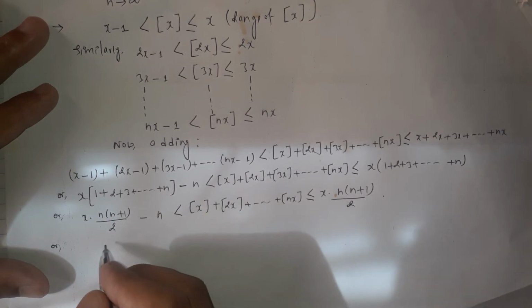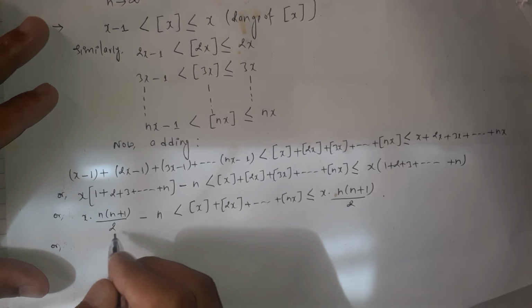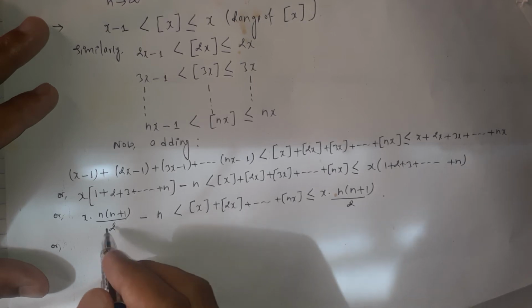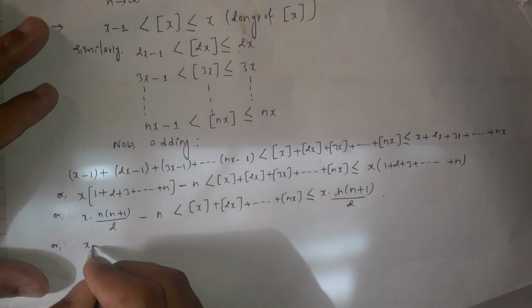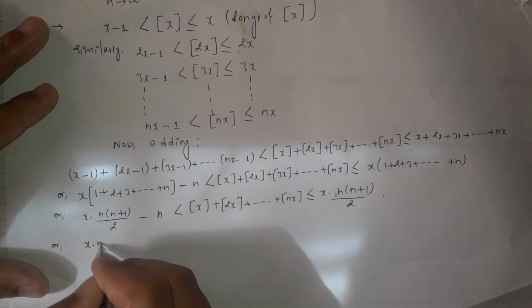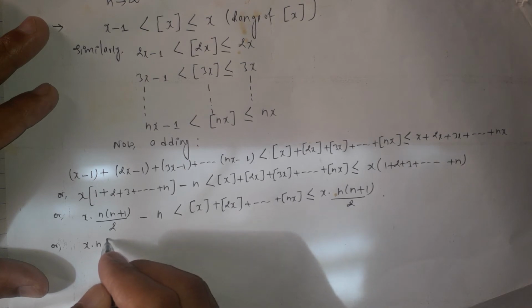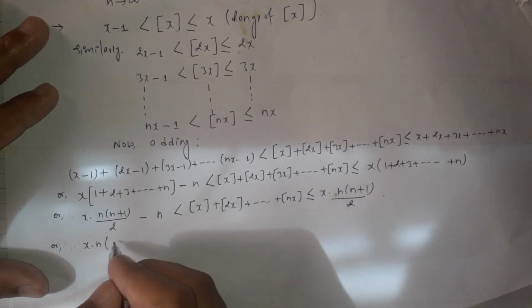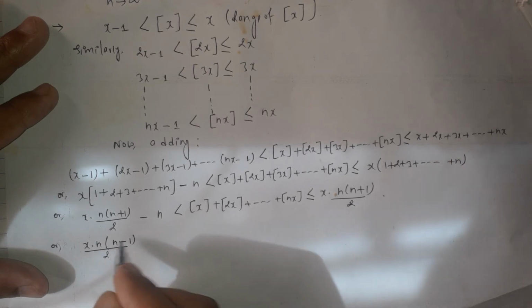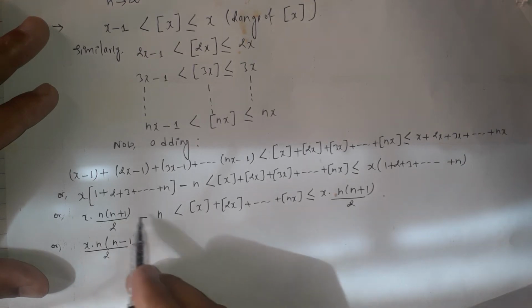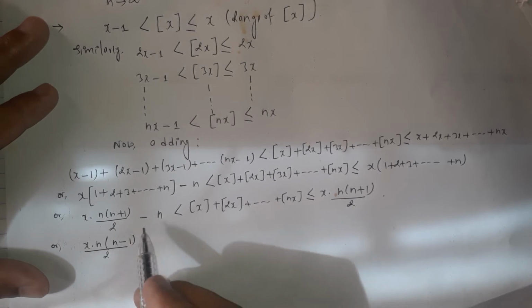We can take the n as a common factor, and this will be x times n, and then n minus 1 over 2. Here we take just n as a common factor and then simplify.